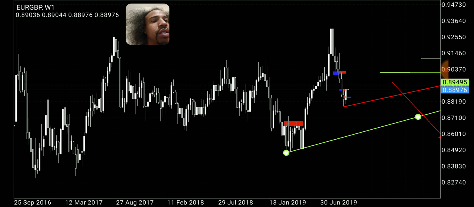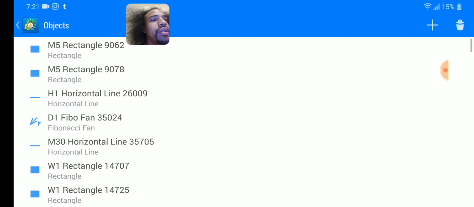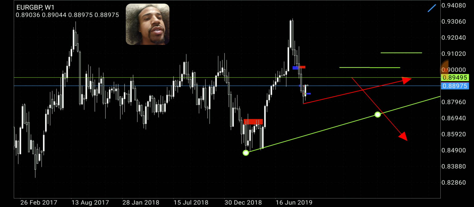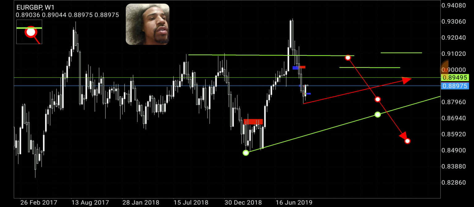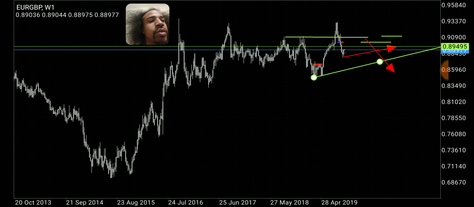So I think my sellers are definitely in. If we get a retest of these two wicks, the double top, I can expect price to continue falling down. And that's super long term if price does make it up that high. I don't think it will.